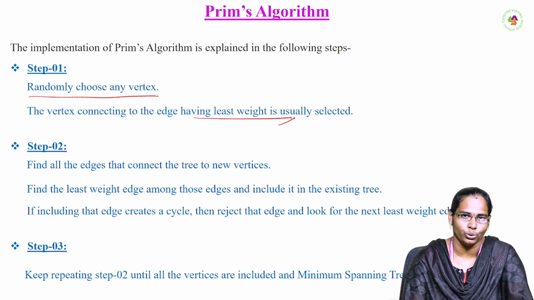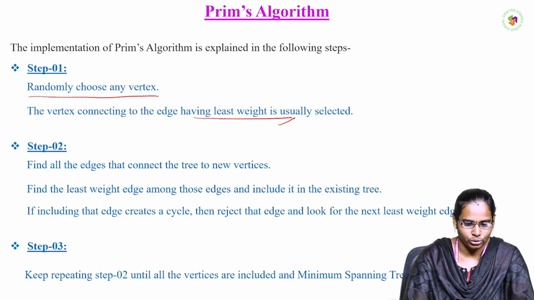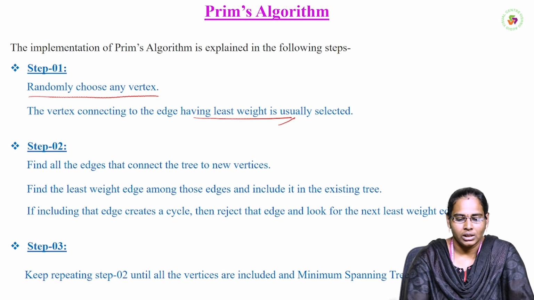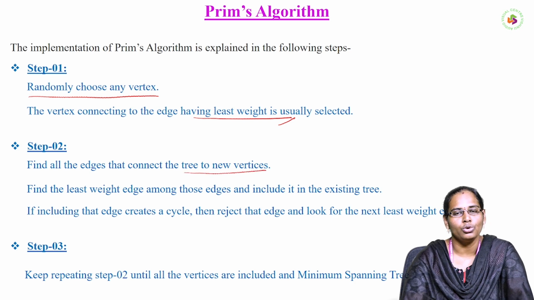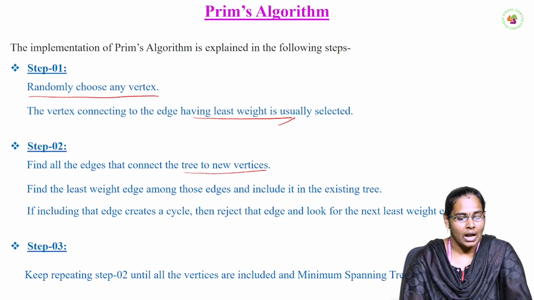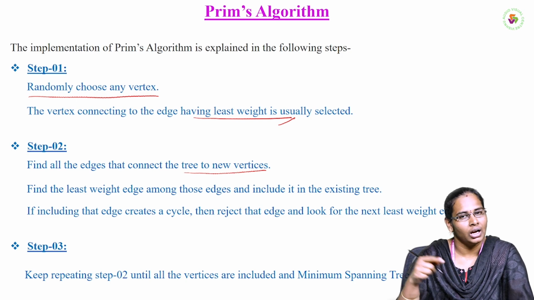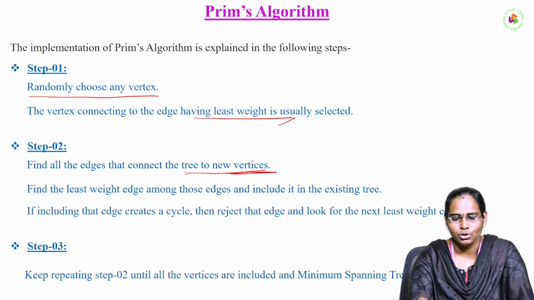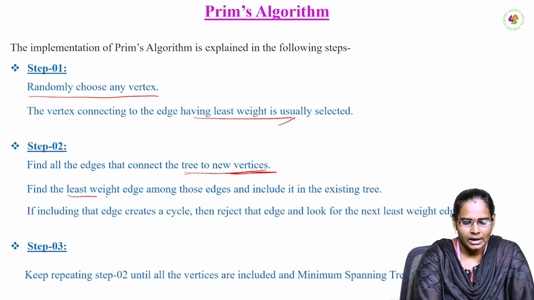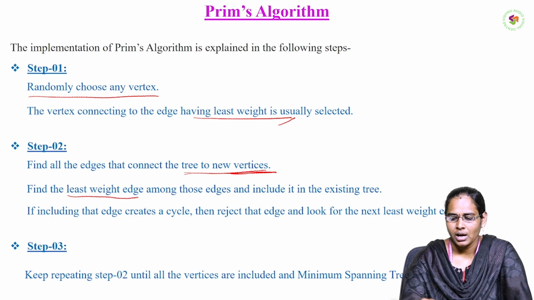What is step 2? Find all the edges that connect the tree to new vertices and find the least weight. Among all these new vertices, you have to select the least weight edge and connect it to the existing tree.